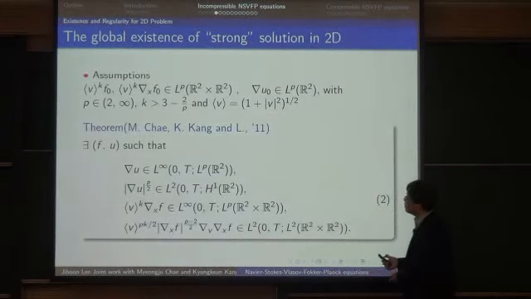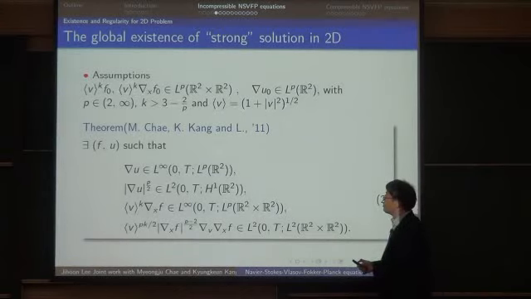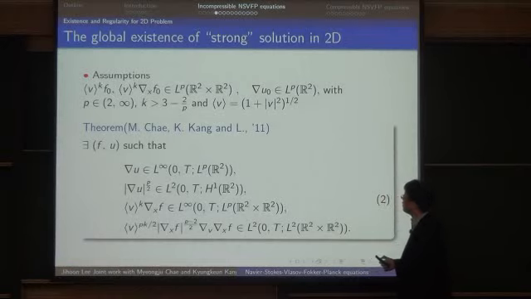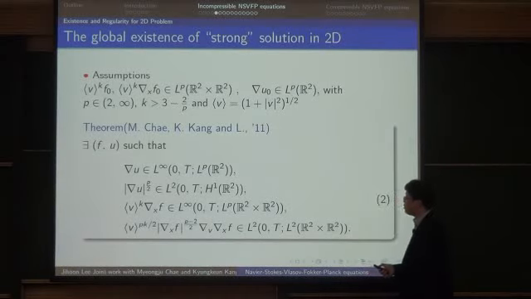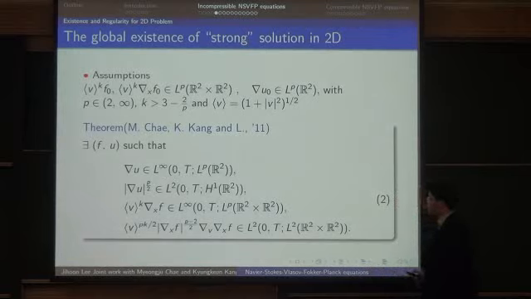In this case, if we assume the initial data satisfies, if we give some weight like this, and also f sub 0 is the initial data, and u sub 0 satisfies this, and k is greater than 3 minus 2 over p, then we obtain that there exist f and u satisfying this. So this is in two dimensions.